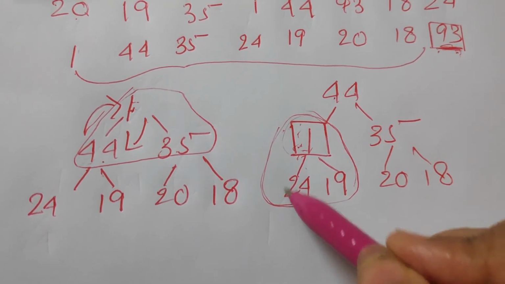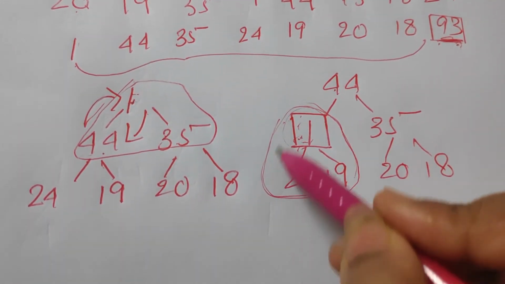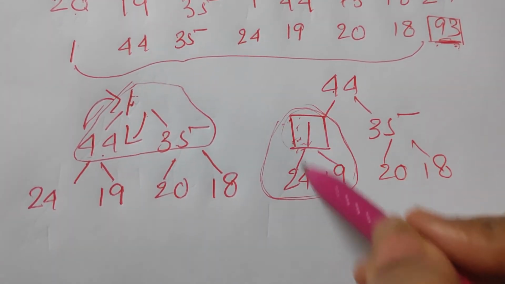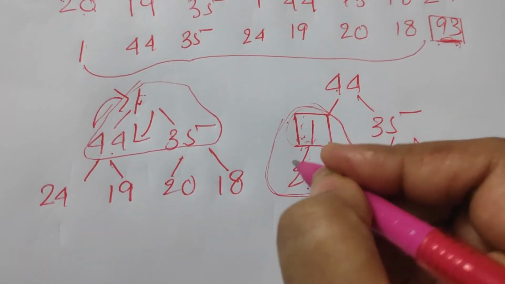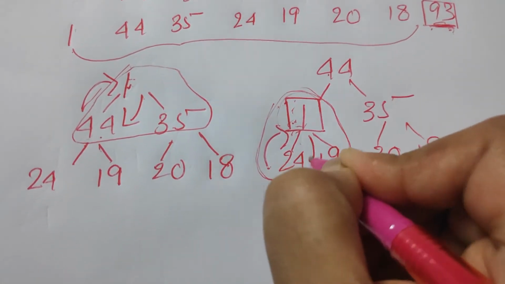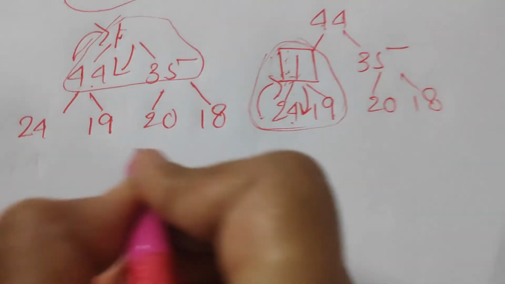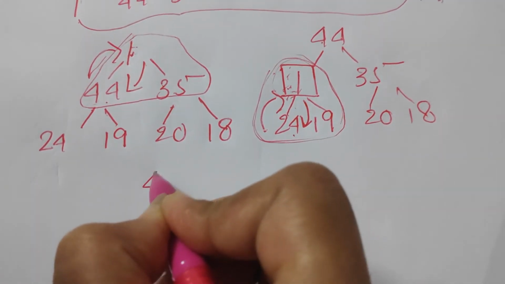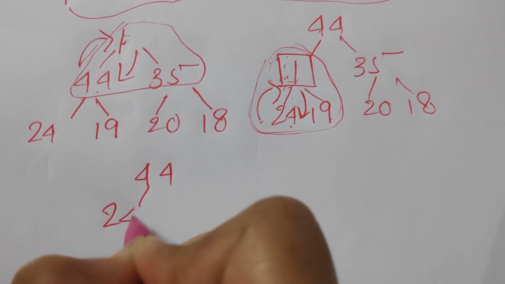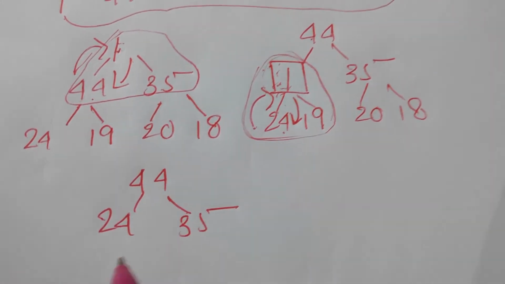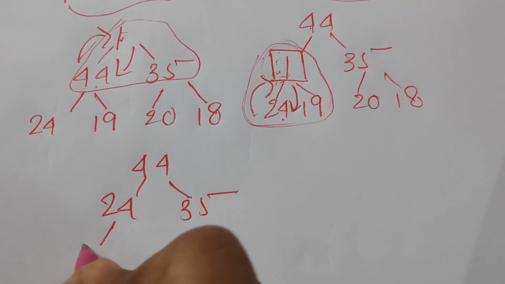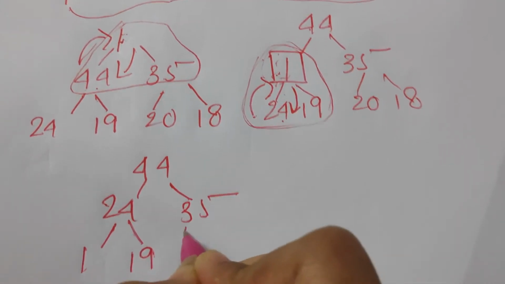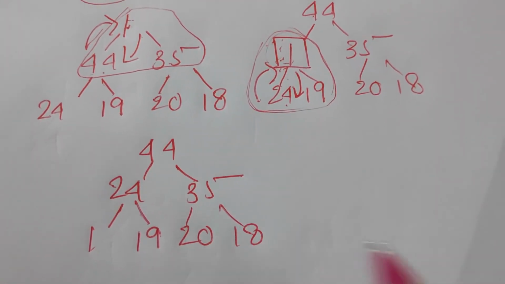So we will find the maximum in these 3 numbers. The maximum in these 3 numbers is 24, and we will replace 1 with 24. So the tree will become 44, 24, 35 as children of 44, 1, 19, 20, 18.